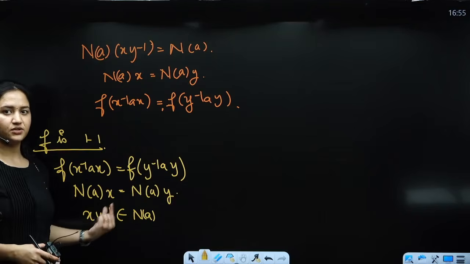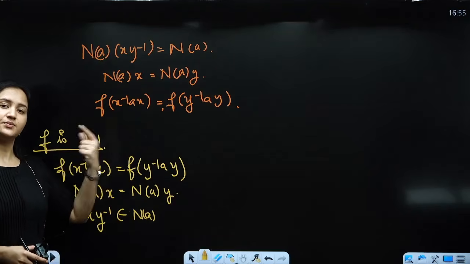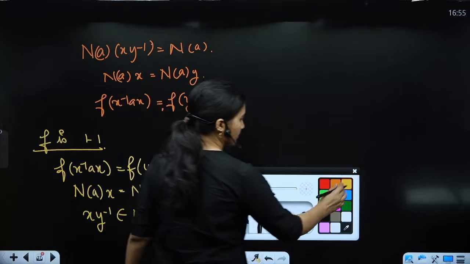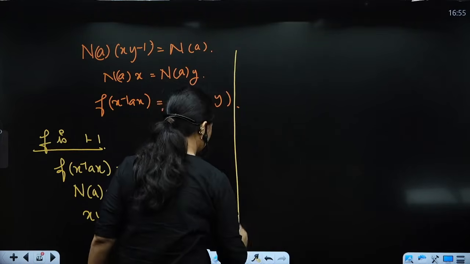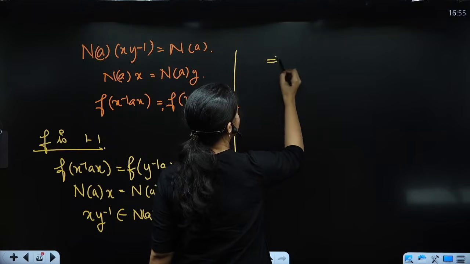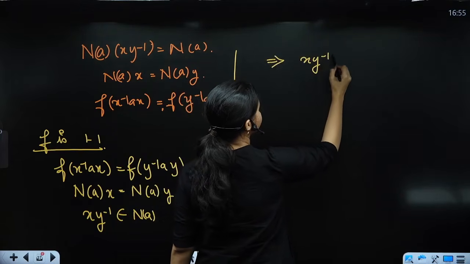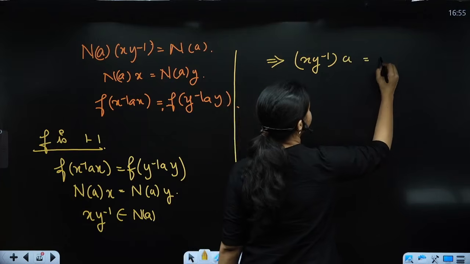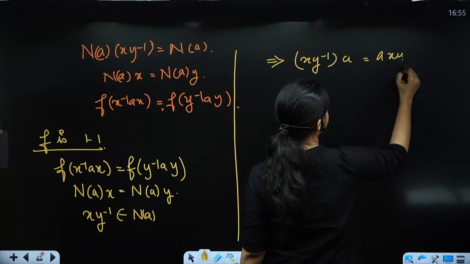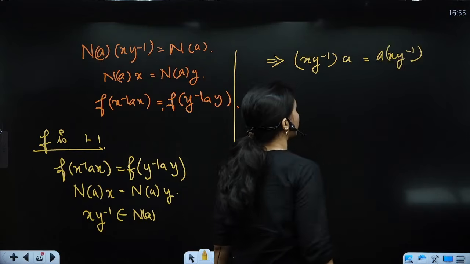Because Ha equals Hb means that ab inverse belongs to N. So this implies that xy inverse commutes with a, right?